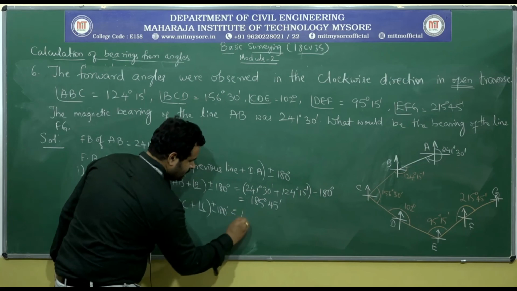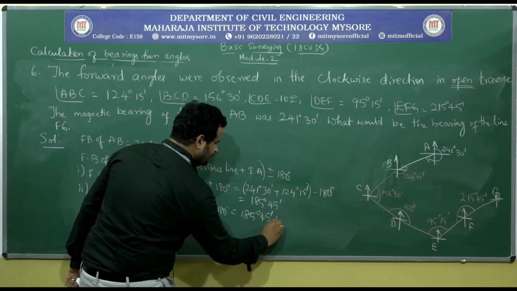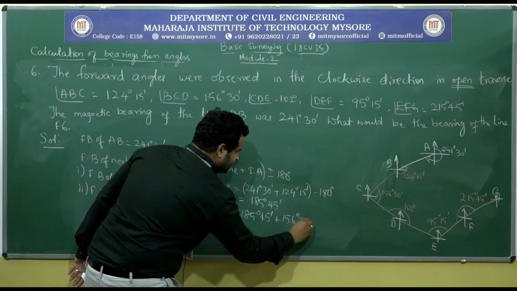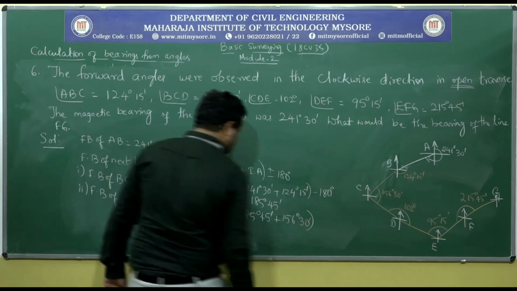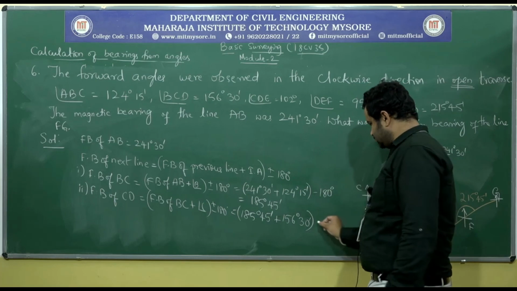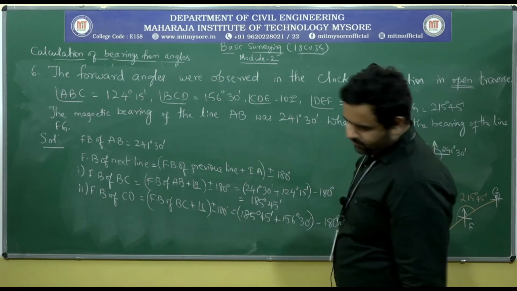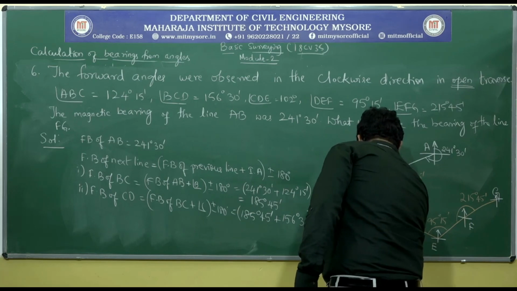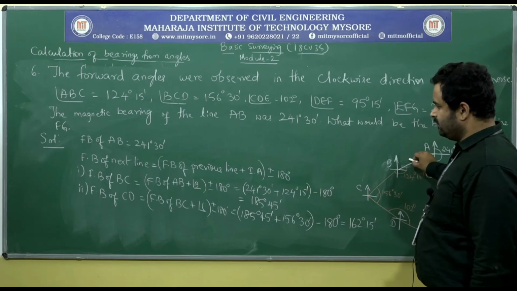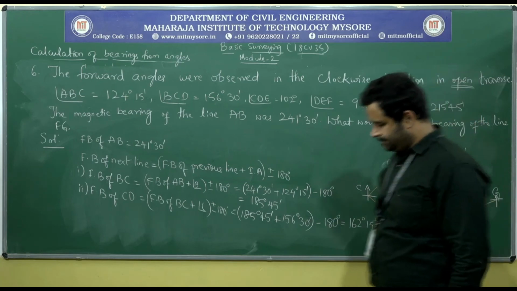So, 185 degree 45 minutes plus the angle C is given as 156 degree 30 minutes. So, now add up, obviously it will be more than 180 degree. So, minus 180 will give you 162 degree 15 minutes. Now, we have calculated the forebearing of the line BC, next the bearing of line CD.